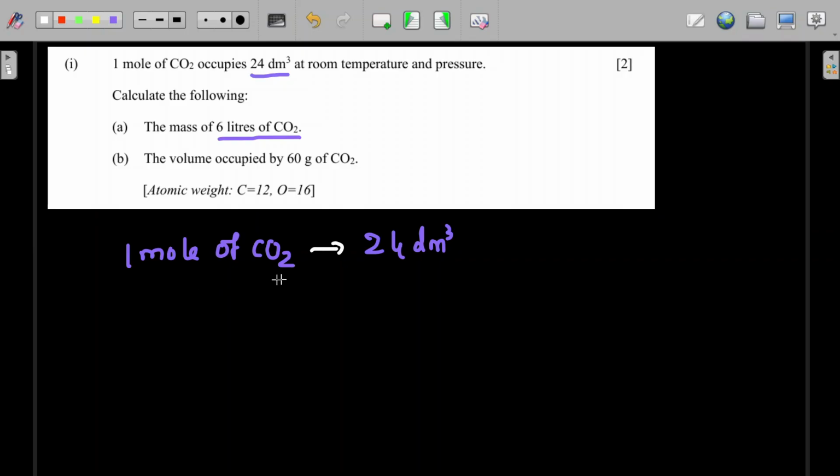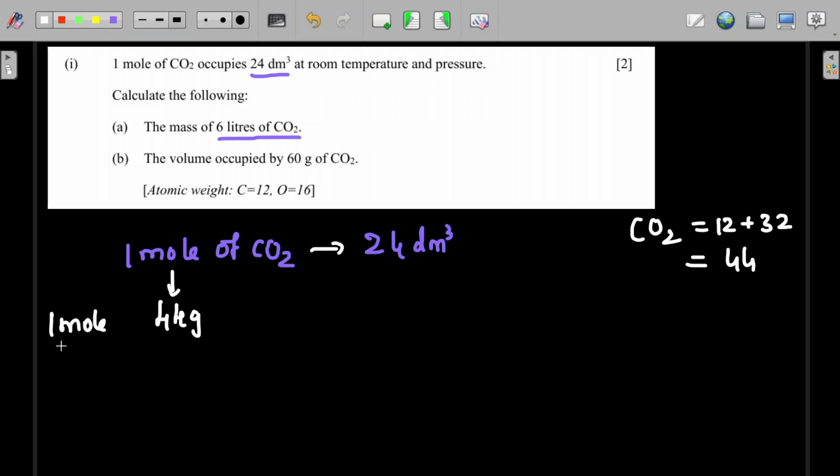Now you know 1 mole of CO2 weighs how much? Its molecular mass. Correct? Which we have found previously, 44 grams CO2. 12 plus 32 is equal to 44. So 1 mole of CO2 is equal to 44 gram, which is occupying 24 dm cube. 6 liter and dm cube we can interchange as I just told you.